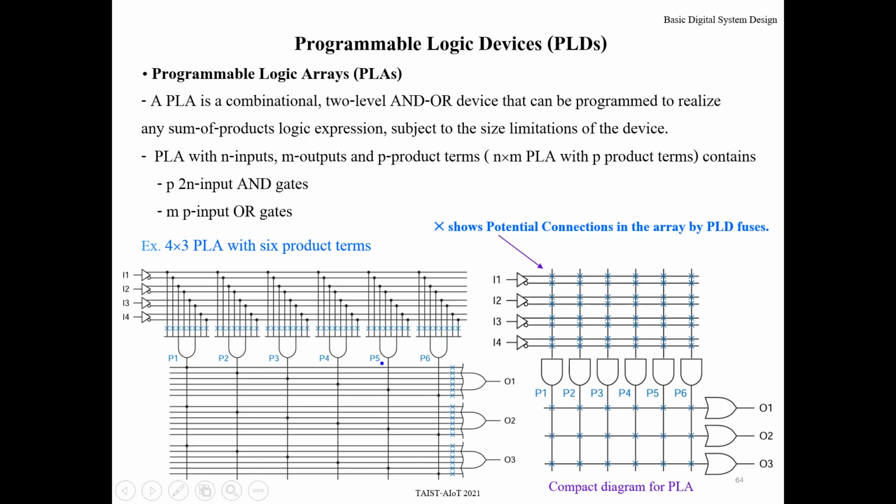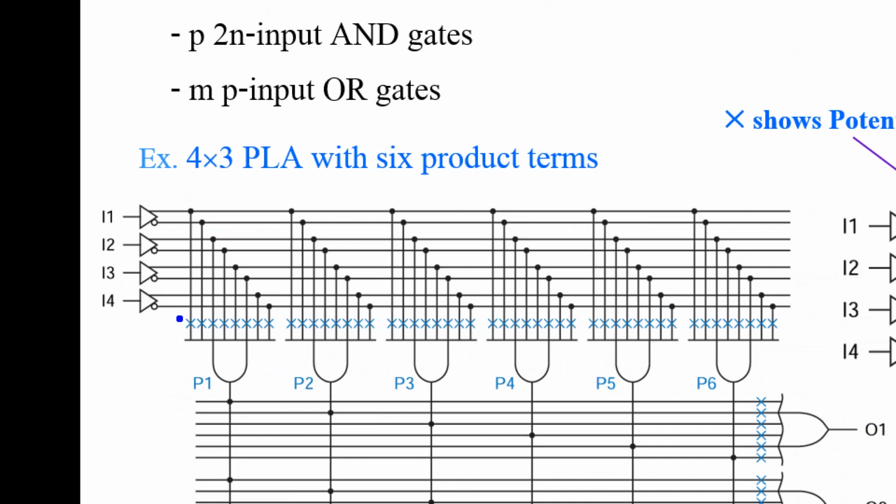Note there are some cross marks here. That means this wire can be removed or cut, or made an open circuit.